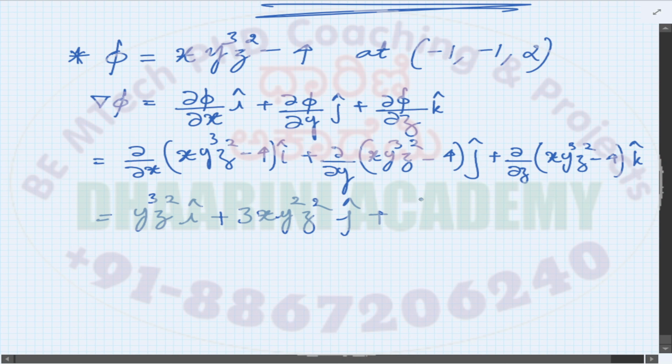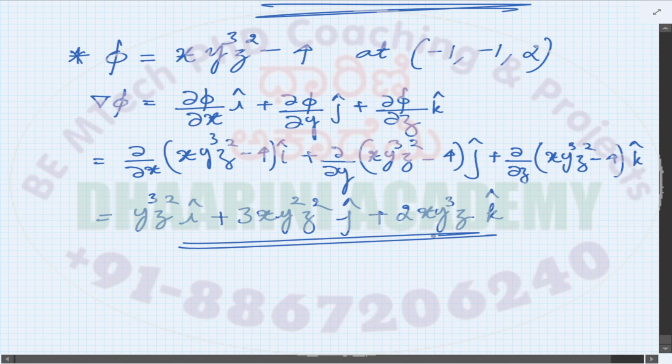You can see that differentiation happens with respect to z. So z square becomes 2z. So 2 into x into y cube into z, times k cap. This is nothing but the del phi, gradient of the given phi.